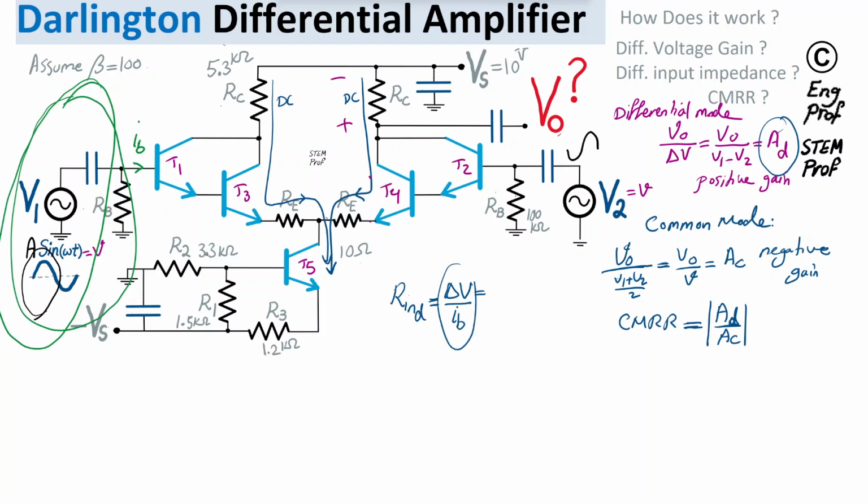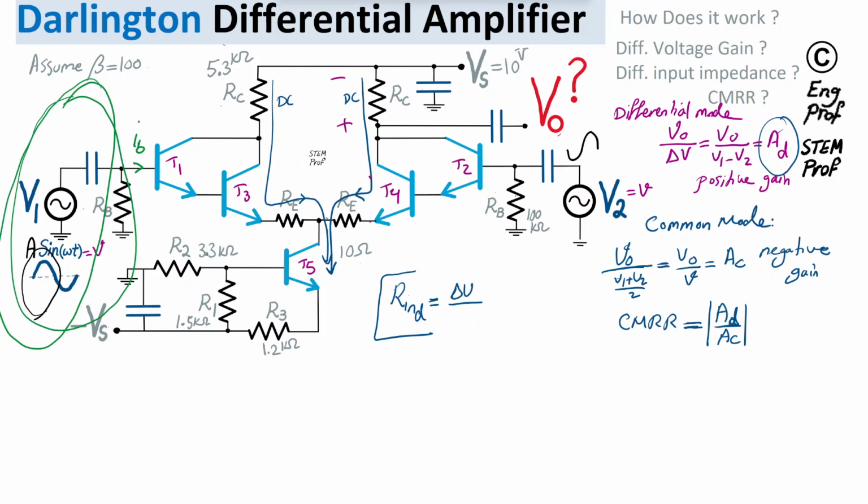And this is a small signal, by the way, because this is the small signal differential input impedance. So we need to be careful. We are talking about a small signal analysis. So the delta V divided by the resulting change in IB, or basically the AC current.